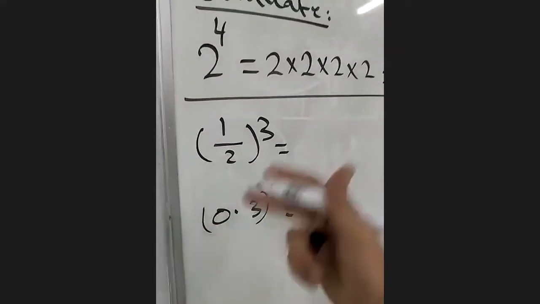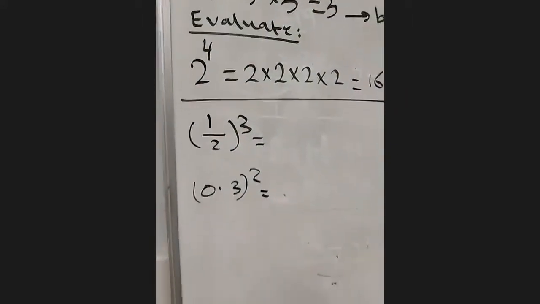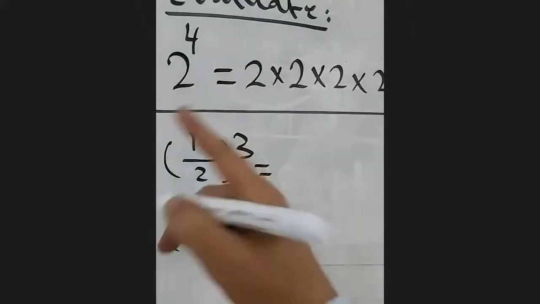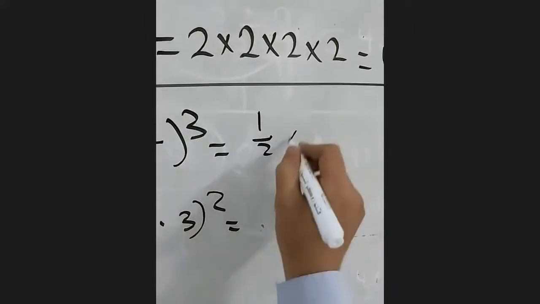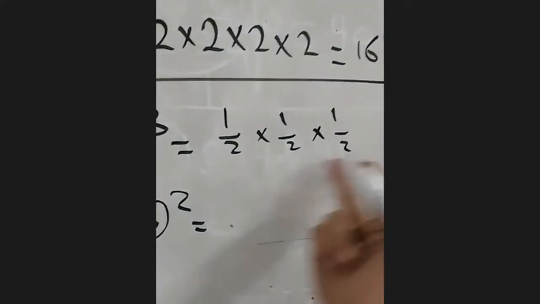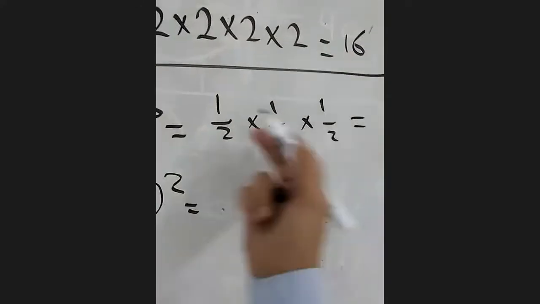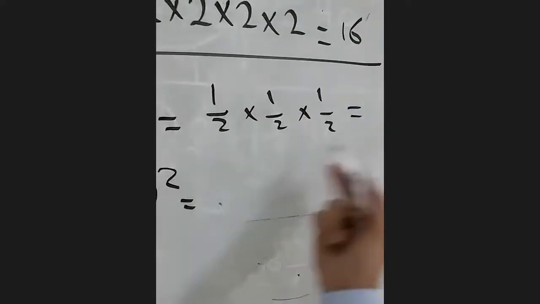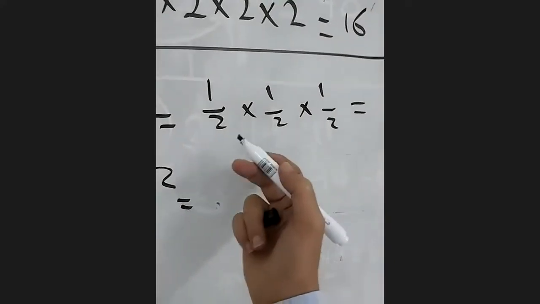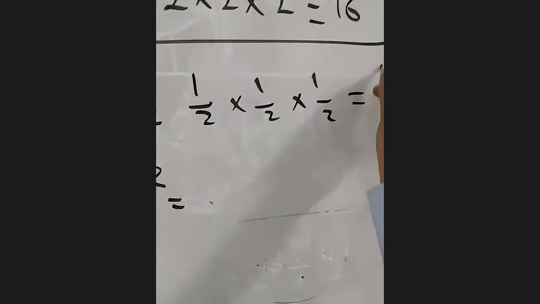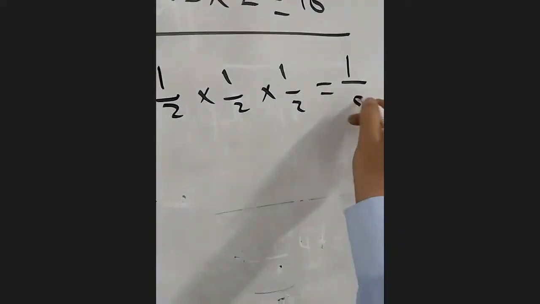We can use the exponent for every type of number. Like here, 1 over 2 all to the power 3 is 1 over 2 times 1 over 2 times 1 over 2, 3 times. We multiply the upper numbers over the lower numbers: 1 by 1 by 1 is 1, and 2 by 2 by 2 is 8.